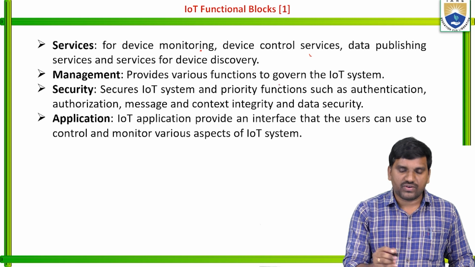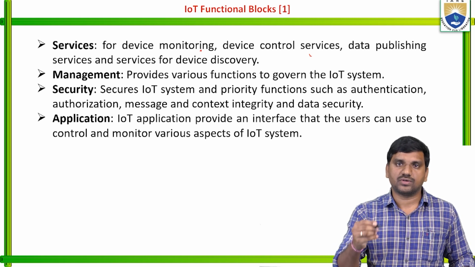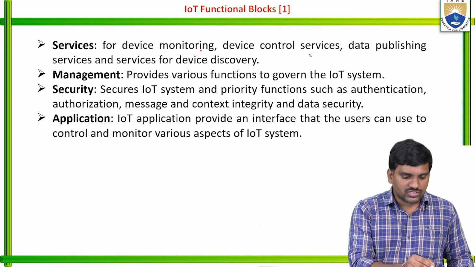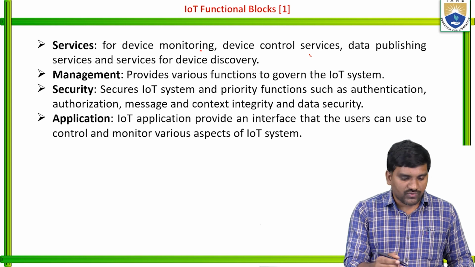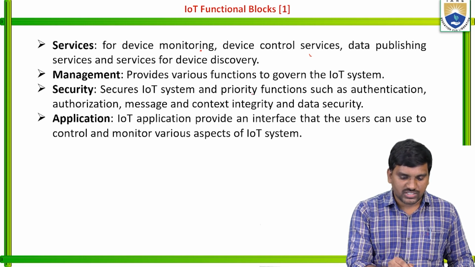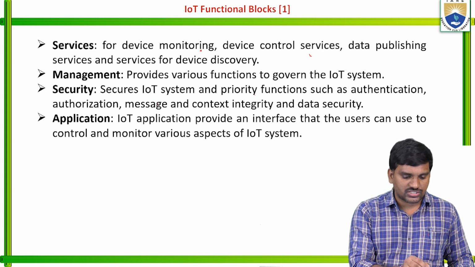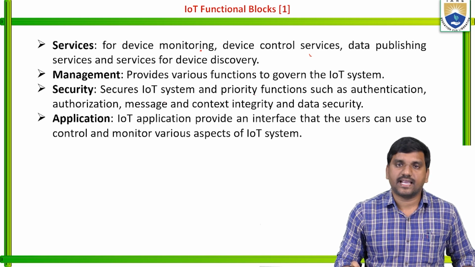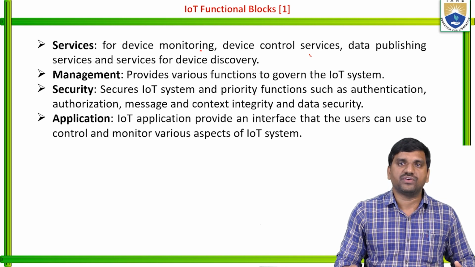It provides various functions to govern the whole IoT system, the particular network. Next, security: which type of security services can it provide? It secures the IoT system with functions such as authentication, authorization, message and context integrity, and data security. These are some of the security concerns it can address.